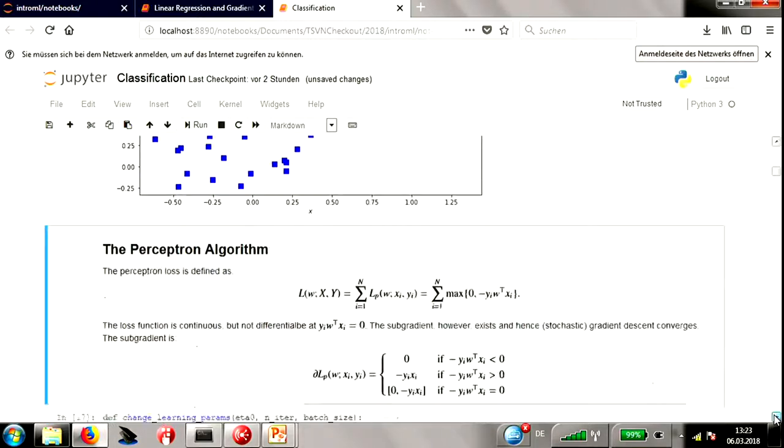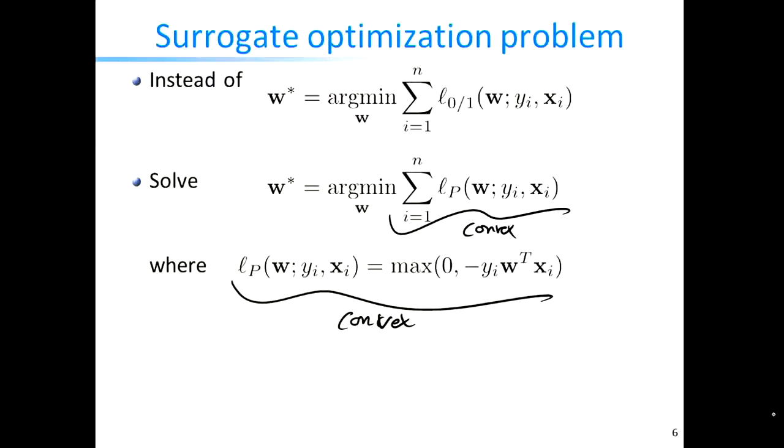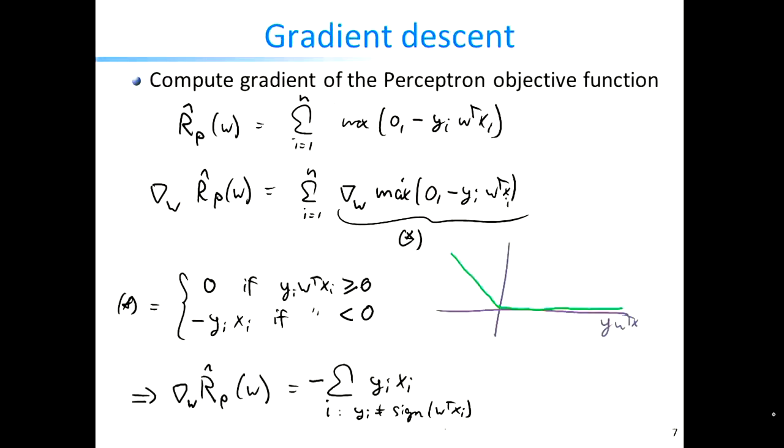What we want to do now is solve this optimization problem. We start with the algorithm that we discussed in the context of linear regression, namely gradient descent. You compute the gradient of this cost function, take a step in the negative gradient direction, and proceed until convergence.